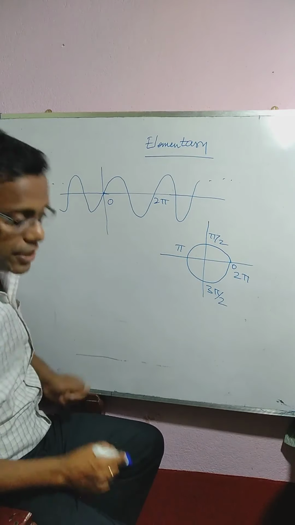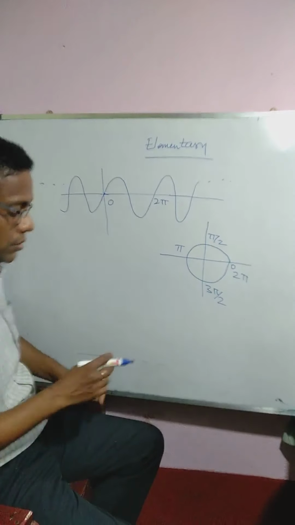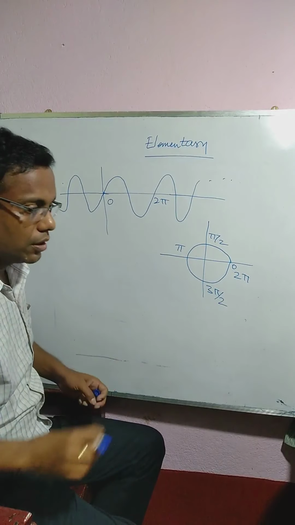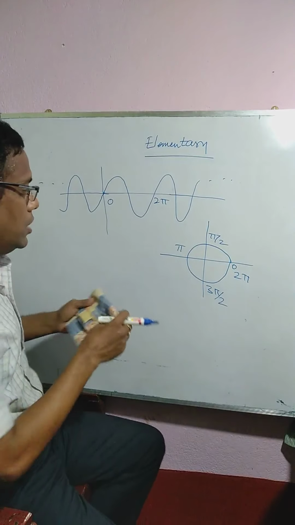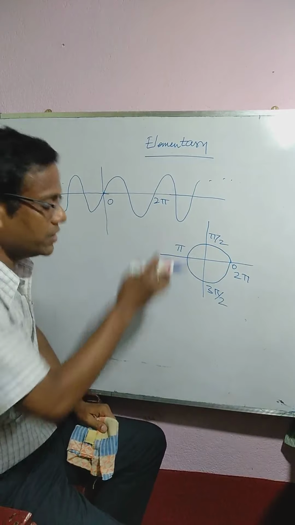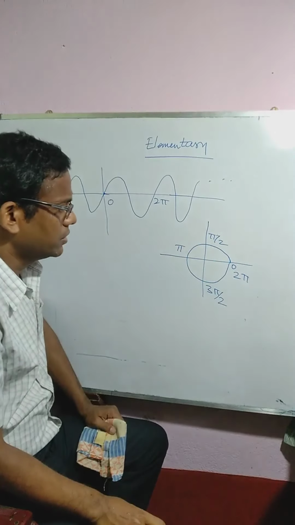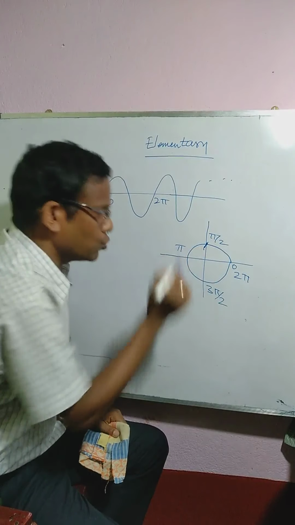How the sinusoidal signal comes has already been discussed in the third semester. The cosinusoidal signal is nothing but a sinusoidal signal that starts from pi by 2.